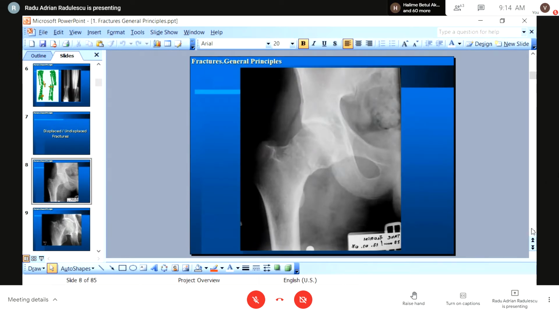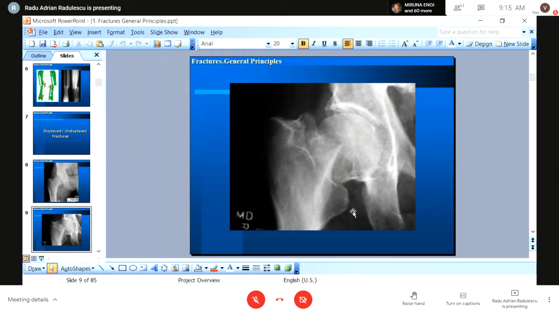Here are some examples also. This is a fracture of the femoral neck. You can follow my prompter. You can see the fracture line, which is a non-displaced fracture. You know, the position of the bone is not changed.